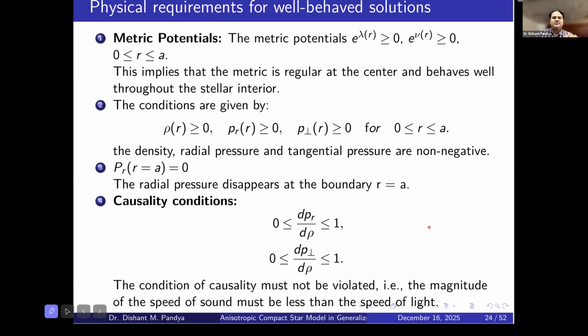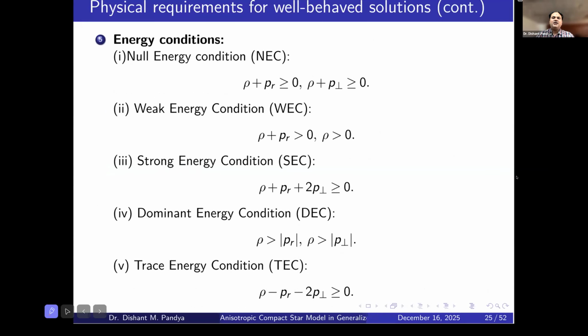The fourth condition is the causality condition. This is related to the sound speed, and it should lie between 0 and 1, that is dp_r by d rho and dp_t by d rho. So if this condition is met, then we are halfway, we have completed it.